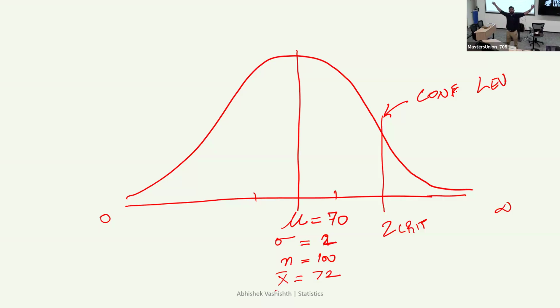If I want to be more confident, I will have to increase the range. Right? If I am less confident, the range will automatically come down. Or if the range is coming down, my confidence level will also come down. Think of it like this. I am 100% confident that the mean age in this class is 0 to 100.